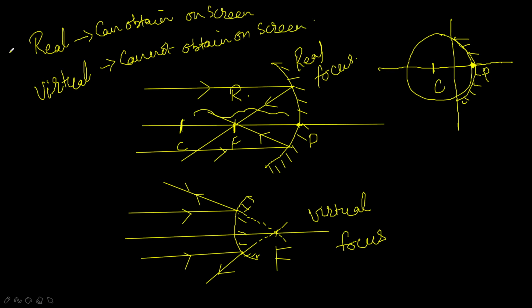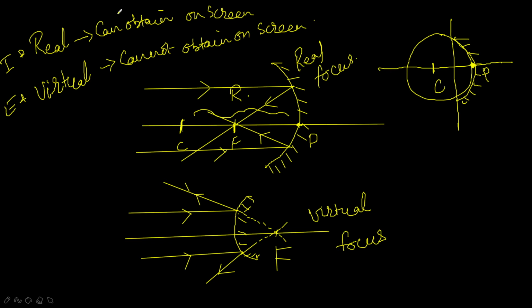Real images are always inverted, virtual images are always erect. A concave mirror always gives a real image if the object is placed at or beyond the focus. A convex mirror never gives a real image. A real image is always inverted with respect to the object.